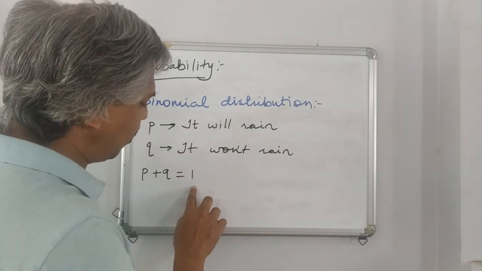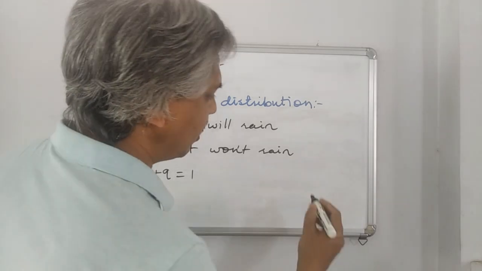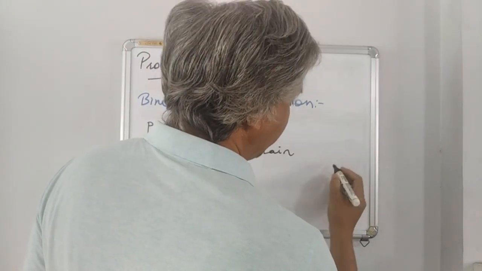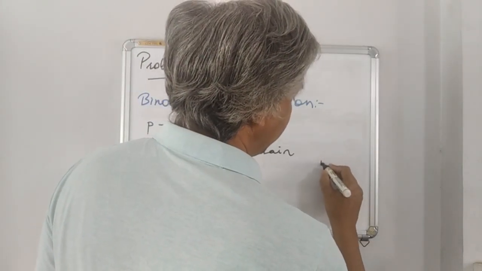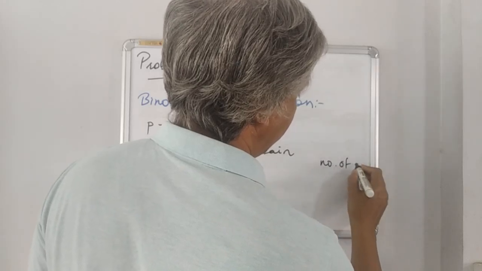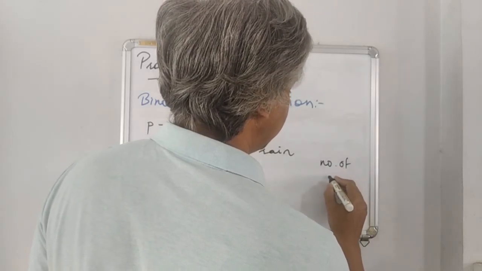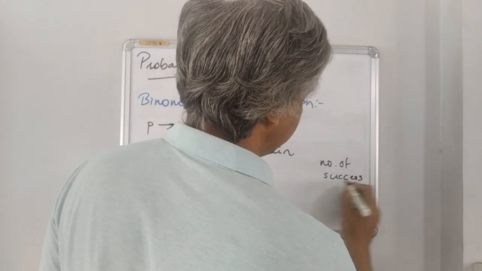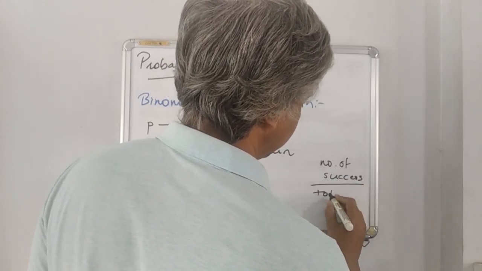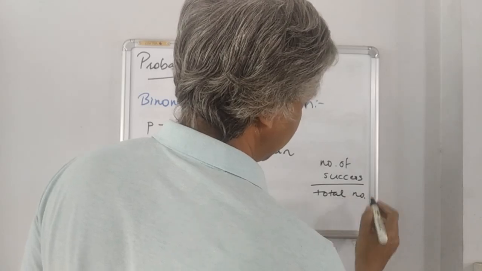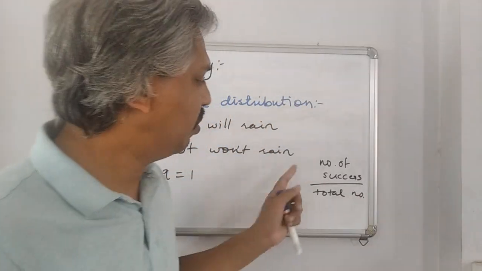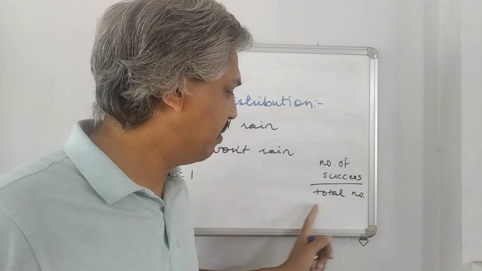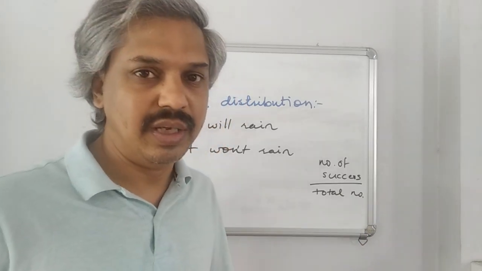Why do I say it is equal to 1? Because we know that probability is equal to the number of successful events, or number of successes, divided by the total number of possibilities.